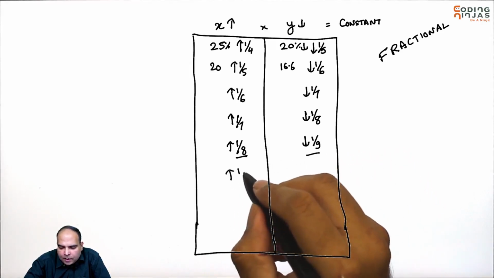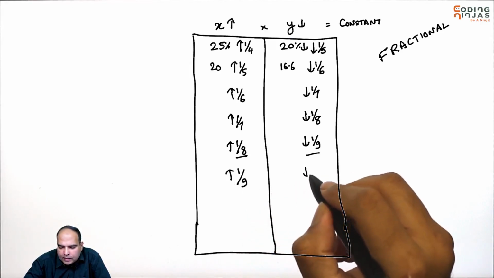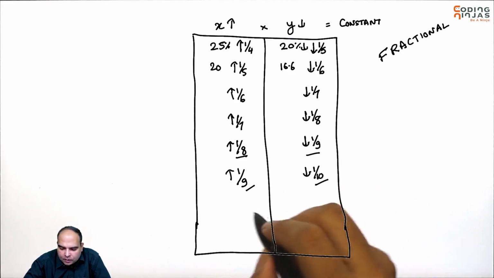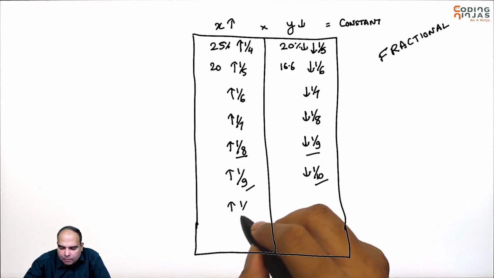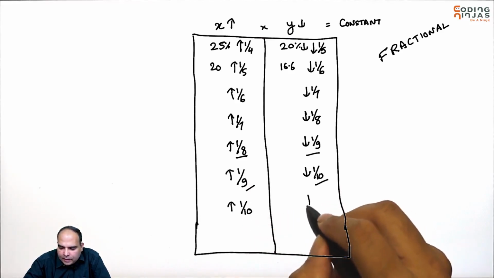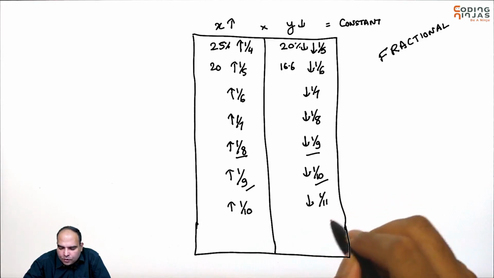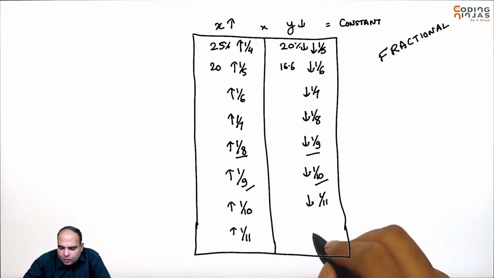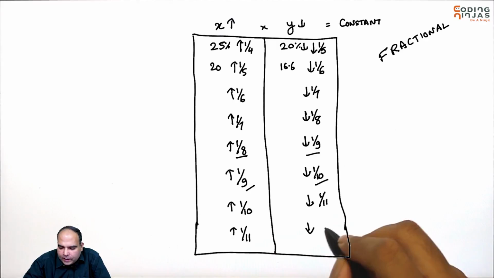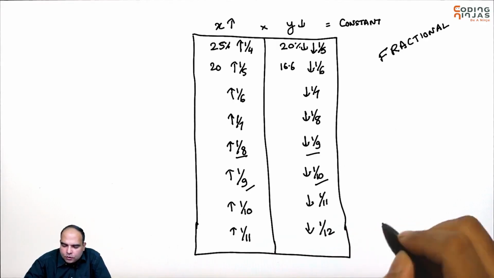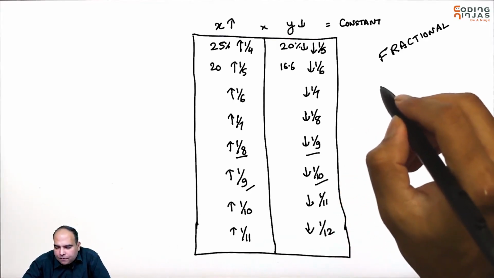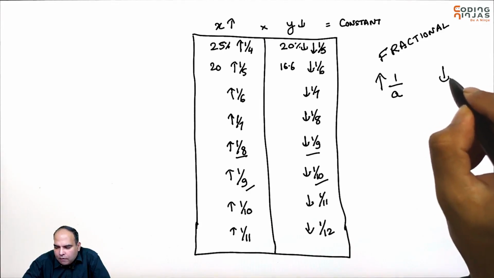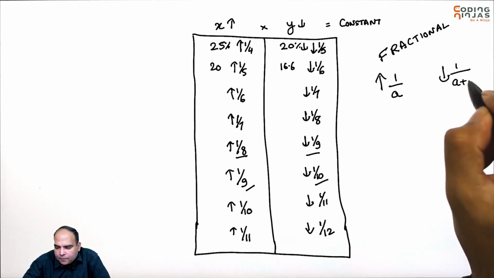X increases by 1/9, y decreases by 1/10, 11.11, offset by 10%. X increases by 1/10, 10%, y decreases by 1/11, 9.09%. X increases by 1/11, 9.09%, y decreases by 1/12. So the generic form of this table is that if x is increasing by 1 by a, y will drop by 1 by a plus 1.